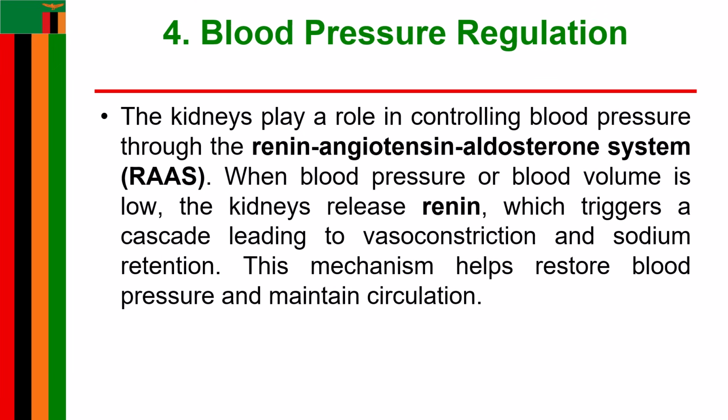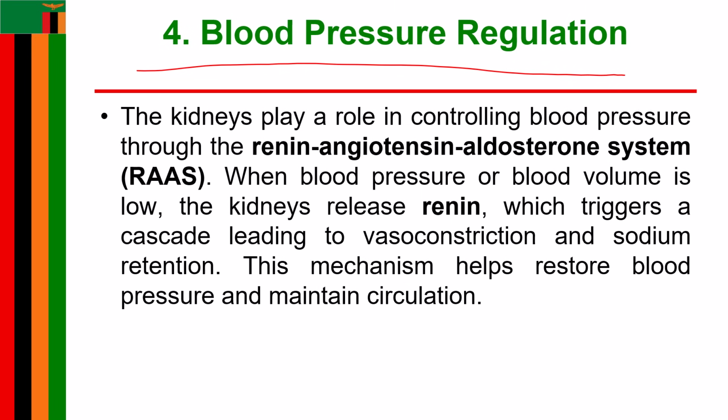The fourth function of the kidneys is regulation of the blood pressure. Yes, our blood pressure is regulated by the kidneys and not the heart itself. The kidneys make sure that the blood pressure is maintained at a normal rate by the use of the renin-angiotensin-aldosterone system.